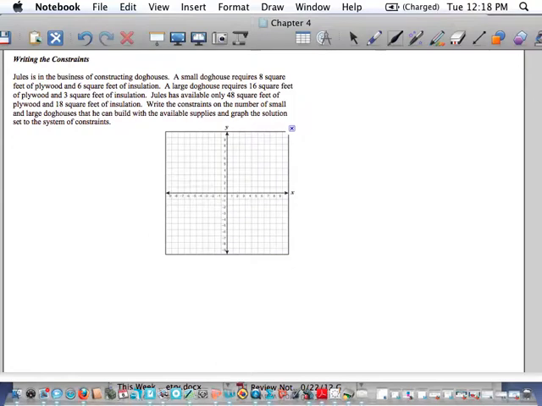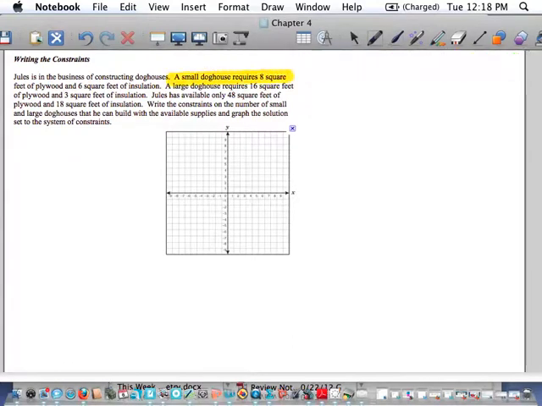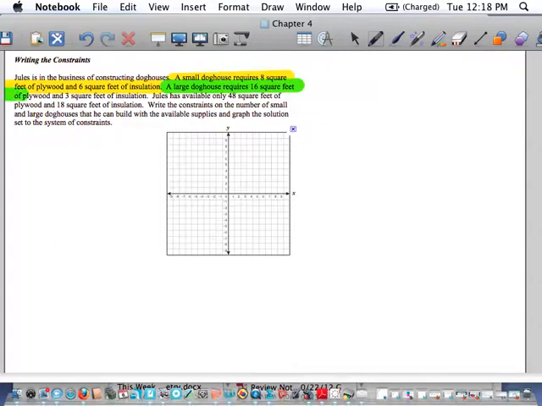In this problem, it says, Jules is in the business of constructing dog houses. A small dog house requires 8 square feet of plywood and 6 square feet of insulation. So that's one piece of information that we have. A large dog house requires 16 feet of plywood and 3 feet of insulation.